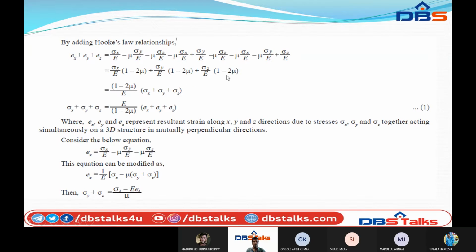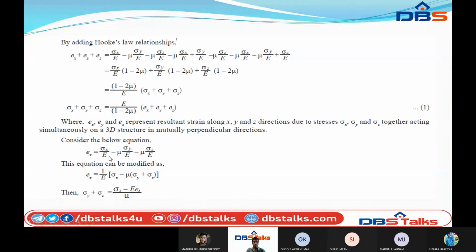I am taking 1 minus 2 mu as common in all terms, divided by E. The remaining terms will be sigma x plus sigma y plus sigma z. And reversing this, sigma x plus sigma y plus sigma z equals E by 1 minus 2 mu into Ex plus Ey plus Ez.